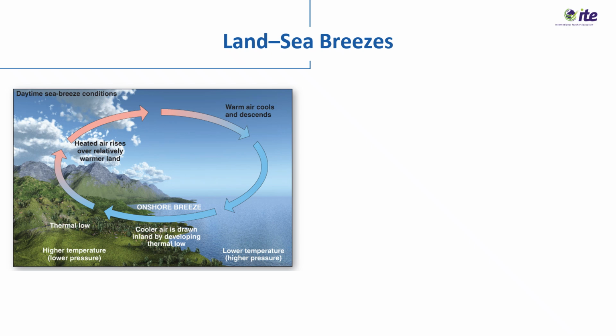Another thing that causes temperature differences during the day: if the wind comes from the sea, it will obviously blow towards land. If there are mountain areas next to the land, these mountain areas will cause the air to rise.